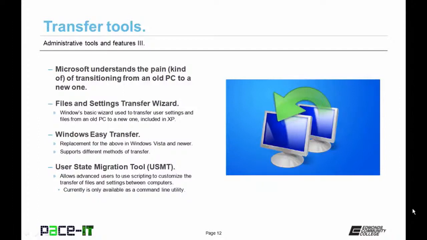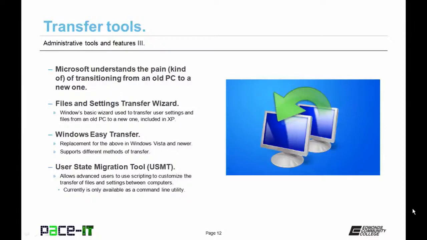Because of user input, Microsoft came up with Windows Easy Transfer for Vista and newer operating systems. It's a replacement for the Files and Settings Transfer Wizard. And it supports several different methods of transfer. Portable hard drives, USB flash drives, direct connection, so on and so forth.